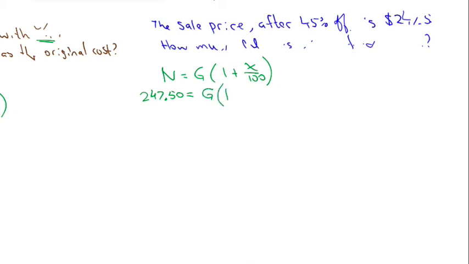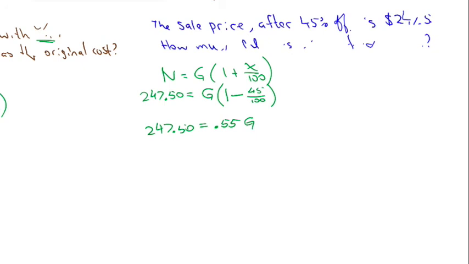G times 1 minus, because it's a discount, X is 45 over 100. What's 1 minus 45 over 100? 0.55. So this would be 0.55 G.